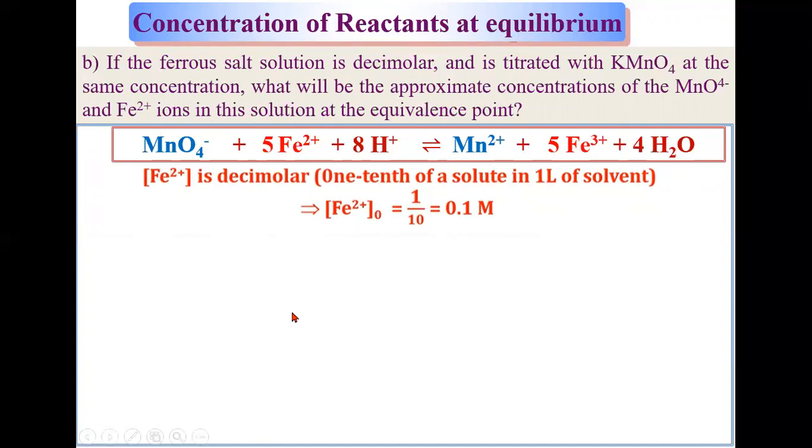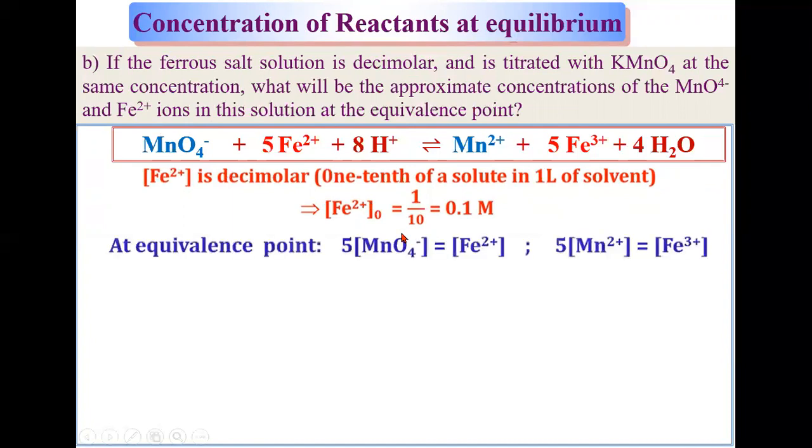So how do we solve this if we don't have volumes? I have concentration, but I don't have volumes. Well, we know that at equivalence point, and you can show this, that 5 times MnO4 equals the concentration of iron 2 plus, and that iron 3 plus is going to be 5 times the concentration of manganese 2 plus produced.